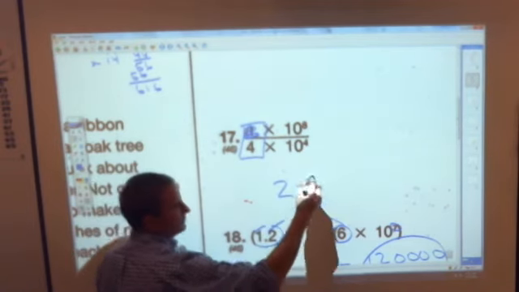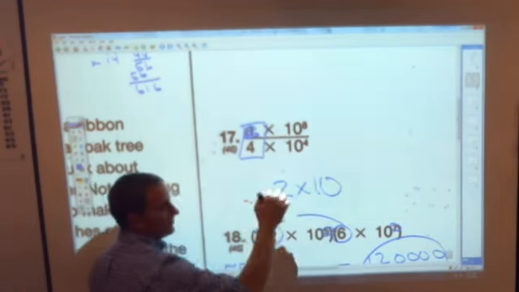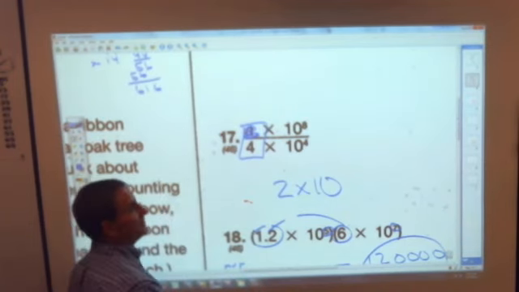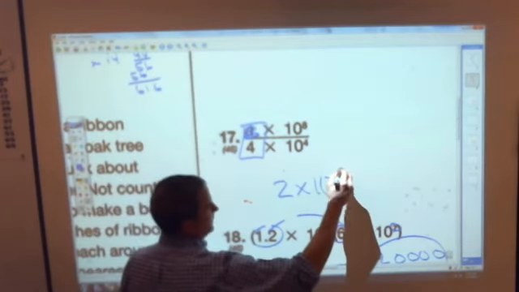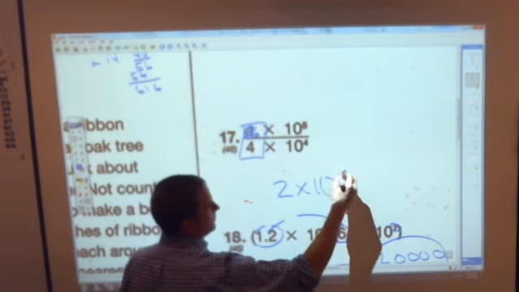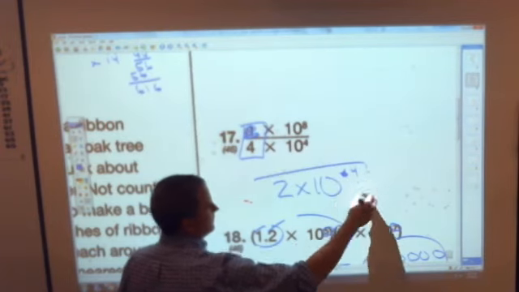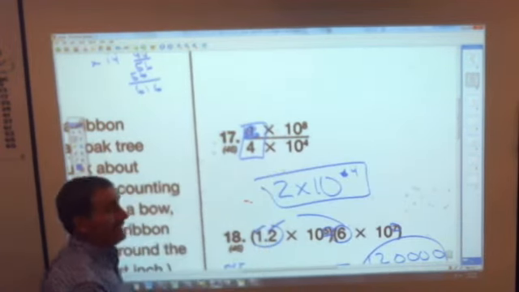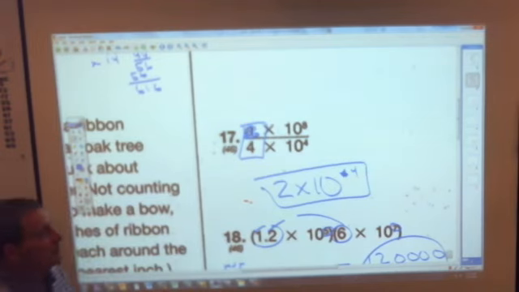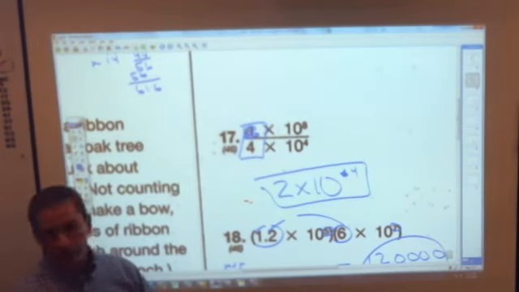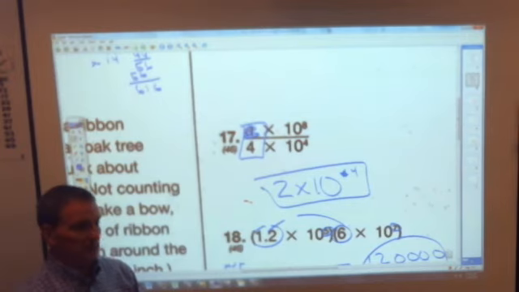I write down my times 10, but instead of adding the exponents, I do the opposite, which is subtract. 8 minus 4 is 4. Please don't write down 80 million or 800 million and divide it by 4,000. Mathematicians do it this way to keep it simple.